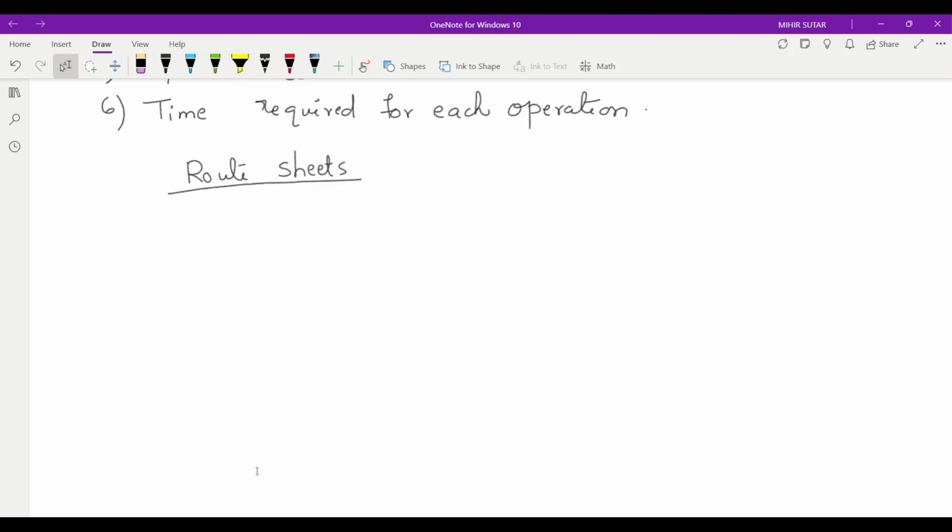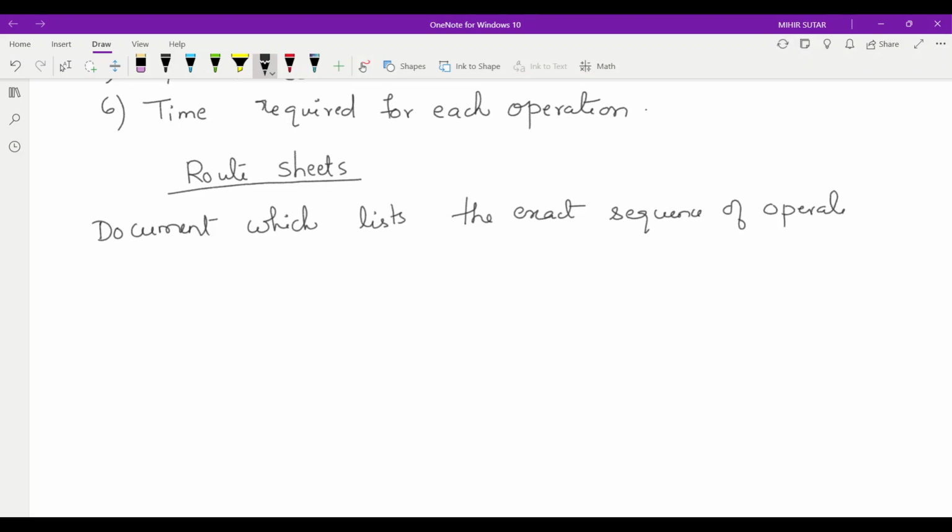Route sheets, that means it's a document which lists the exact sequence of operations needed to complete the job.